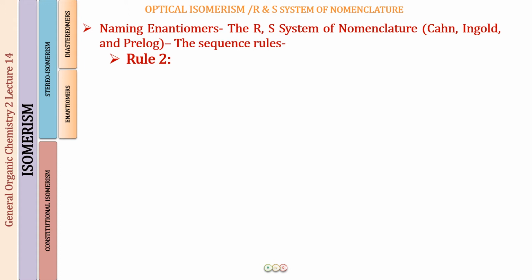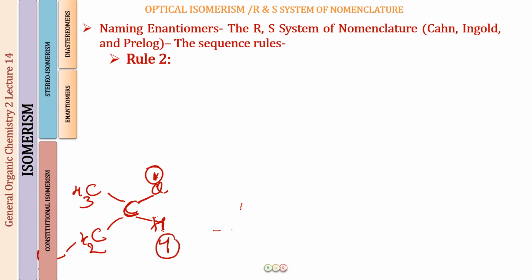So supposedly now if I have a chirality center which is attached to a chlorine, a hydrogen, a methyl group, and an ethyl group. So that would be a CH2, CH3. So here chlorine has the highest atomic number, so group number 1. We have a hydrogen, so this is going to be group number 4.